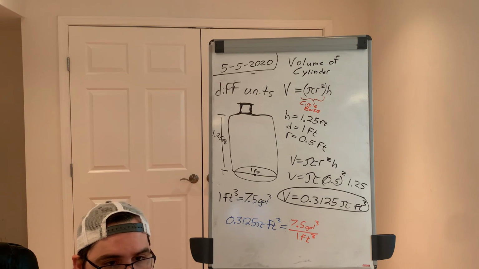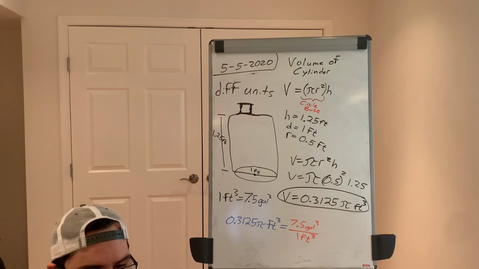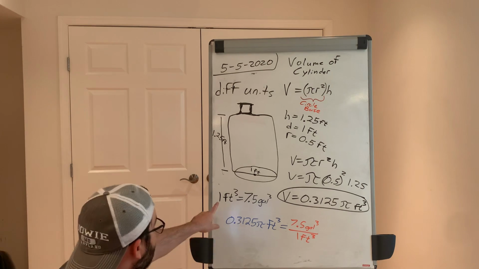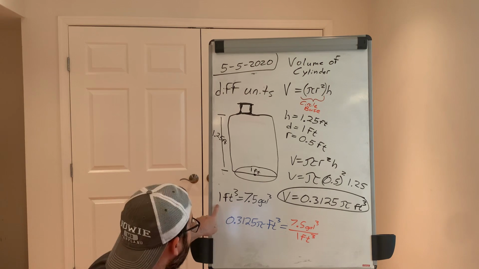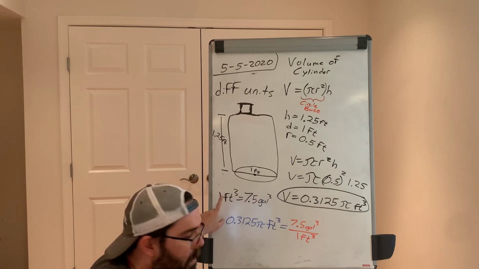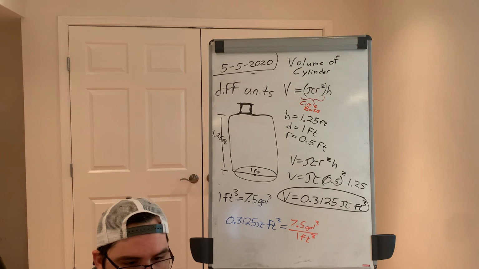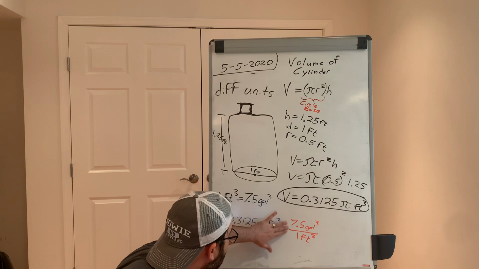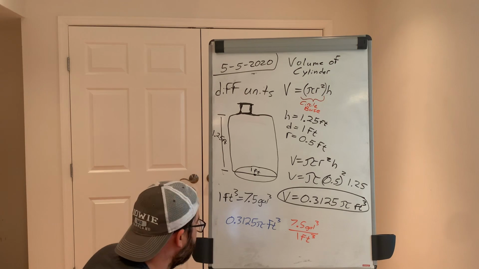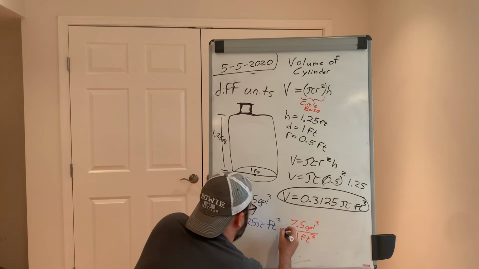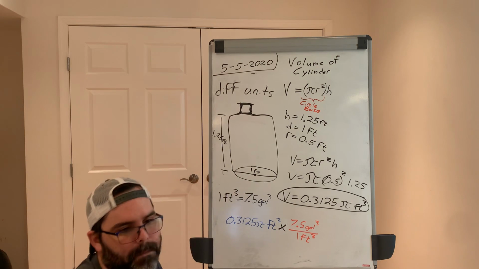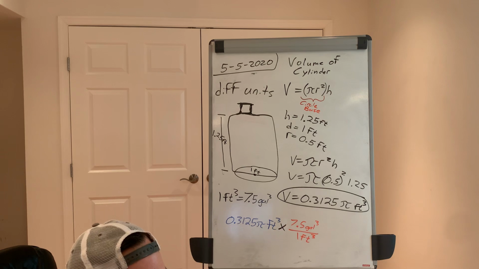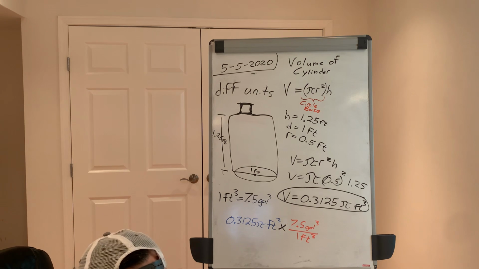And when you're doing this at home, you're going to do it the same way I'm doing it here, okay? And I'm sorry, this should not be an equal. This should be a multiply. Okay. What is 7.5 gallons cubed divided by 1 foot cubed?